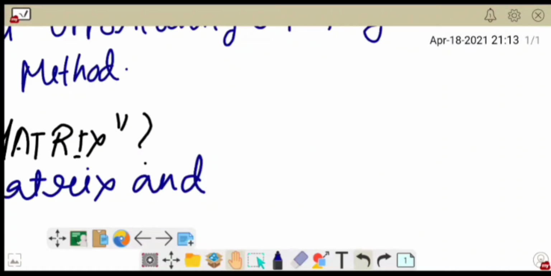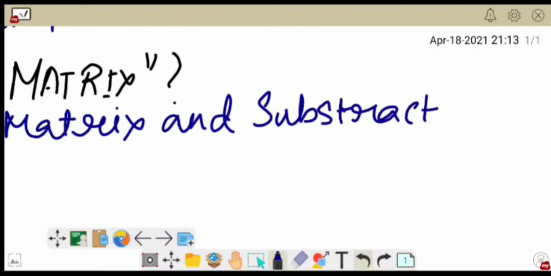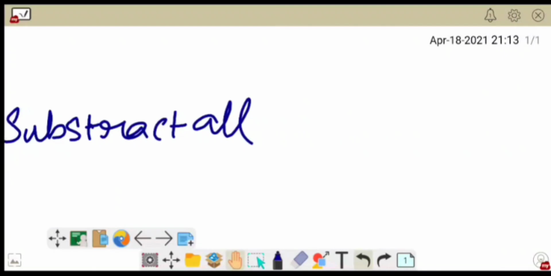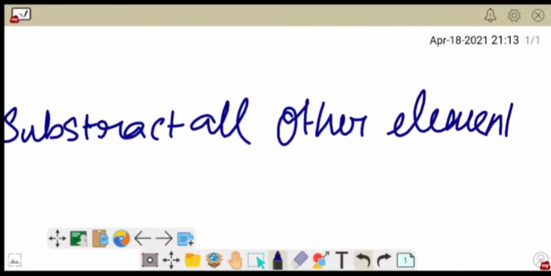From the profit matrix, and subtract all other elements from it.